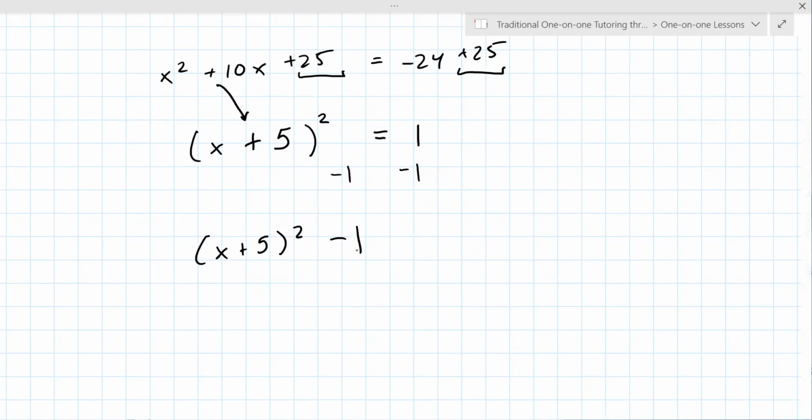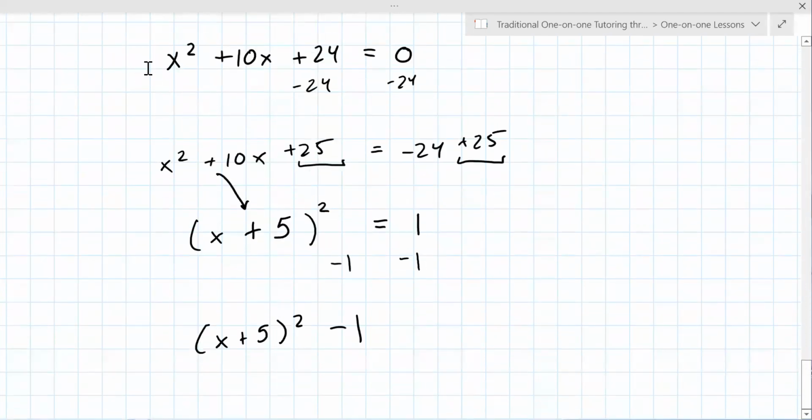Do you have this down in your notes? Here's the goal, Jeremiah: to be able to go from line 1 down to line 3 or line 4.